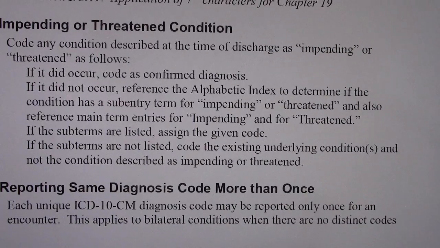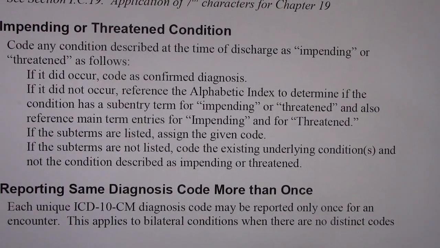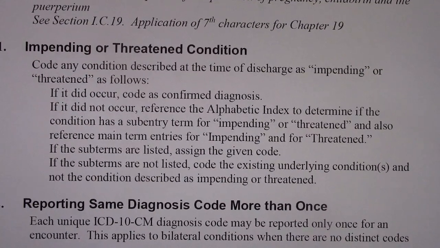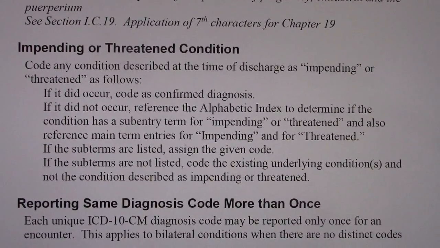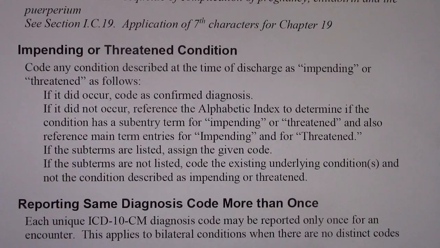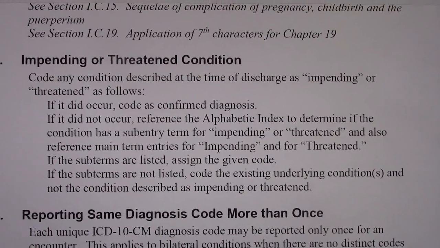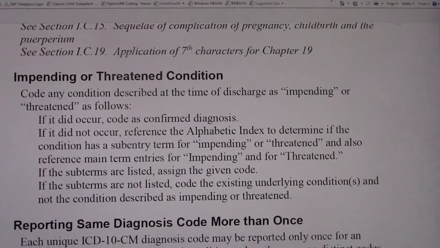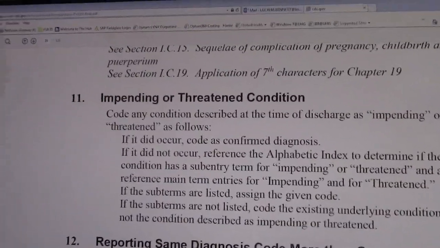If the subterms are listed, assign the given code. If the subterms are not listed, code the existing underlying conditions and not the condition described as impending or threatened. Okay? Codemaster Coach, put that in your terms.